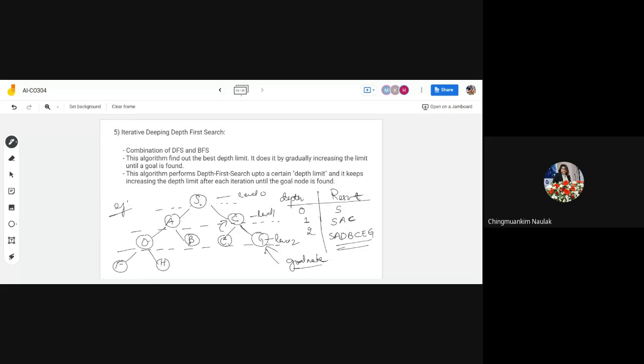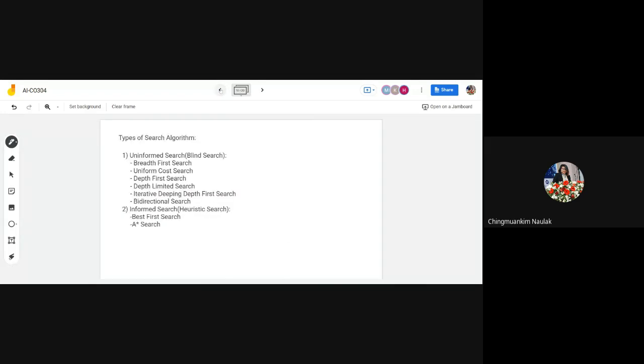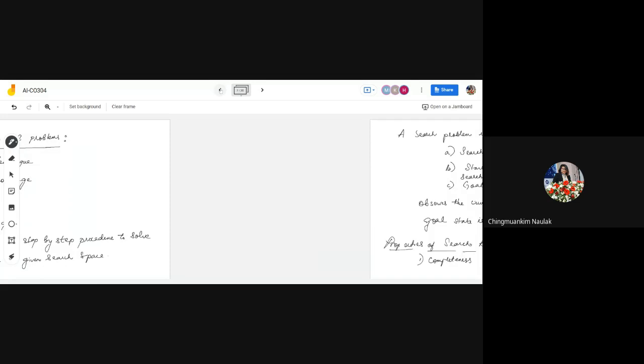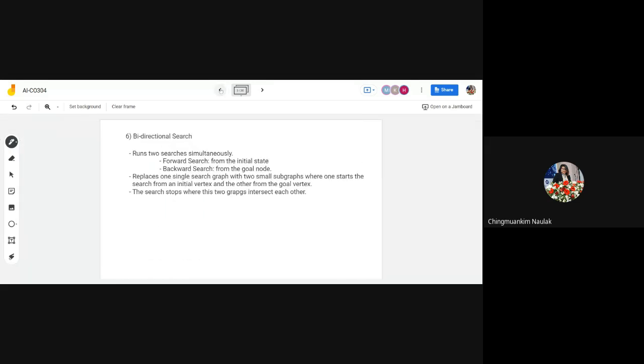All right, so next, the last type of uninformed search is bidirectional search. It's in slide number 2.